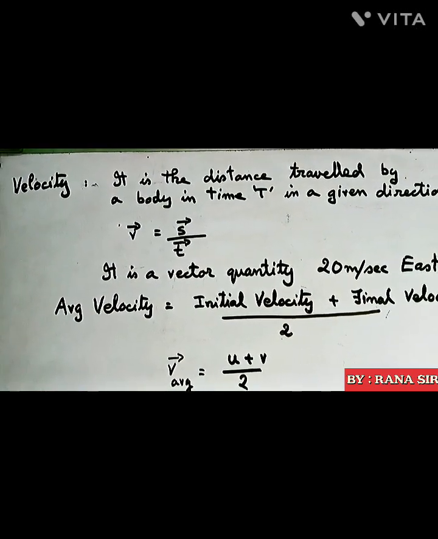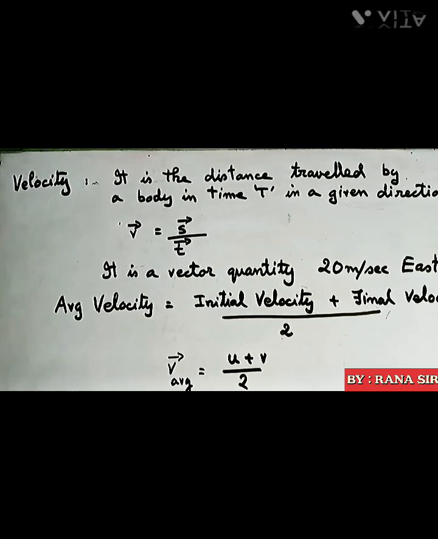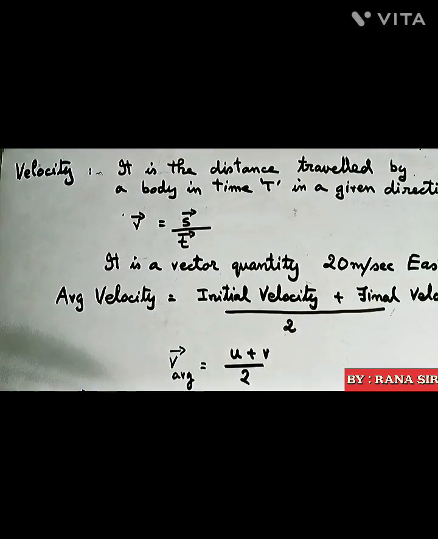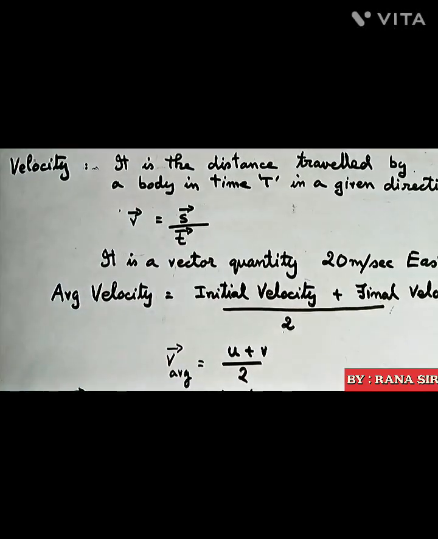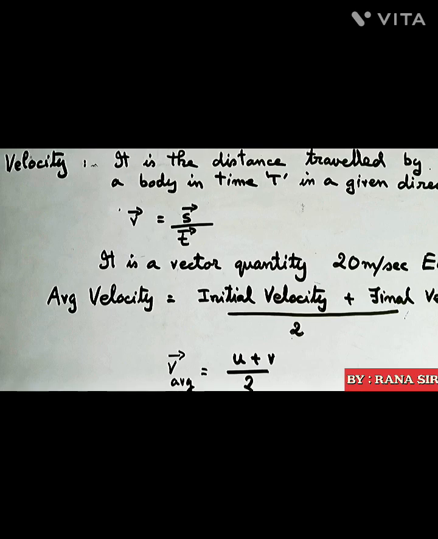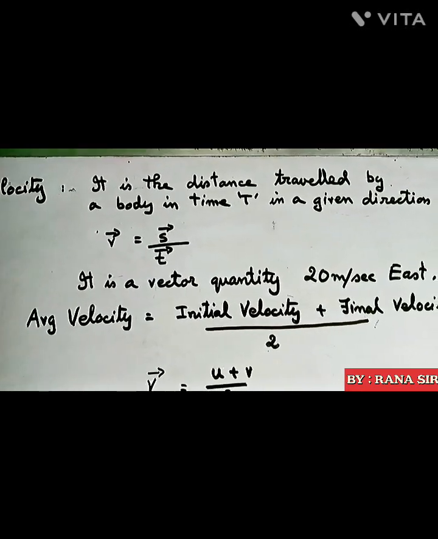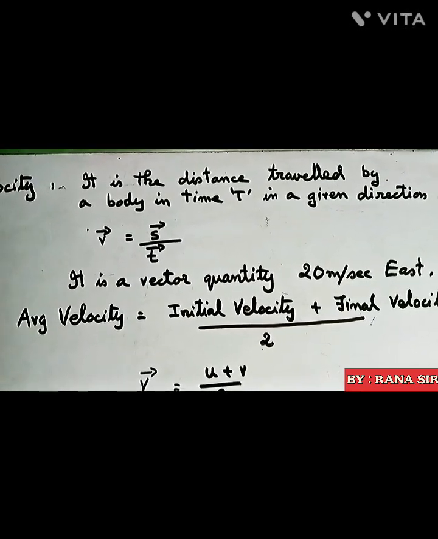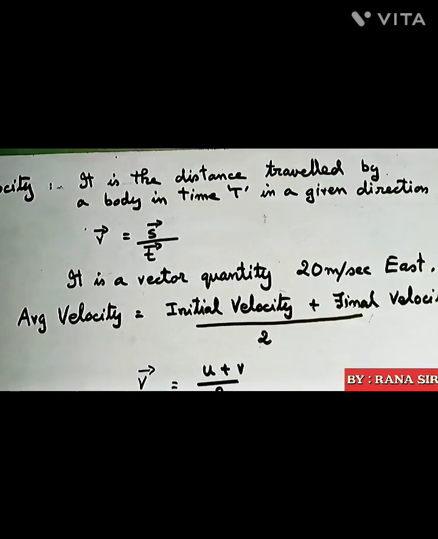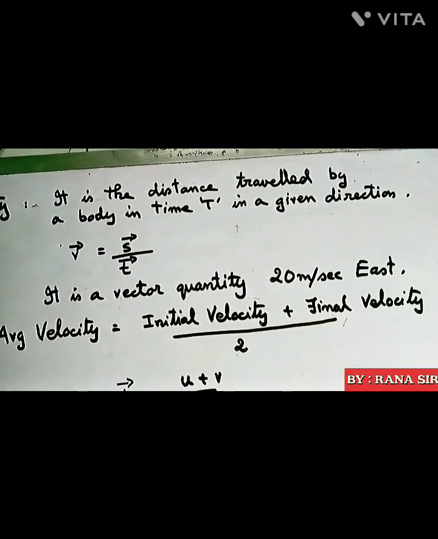So velocity is equal to distance by time, and the arrow means direction. Actually I will not say distance but displacement by time. It is a vector quantity, example 20 meters per second east. So east is the direction in which the moving vehicle or moving body is going.